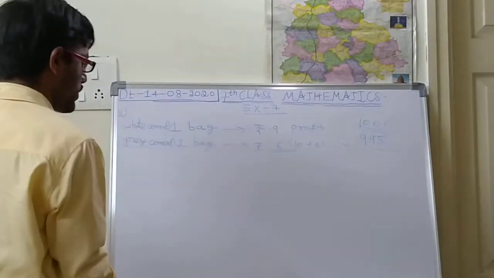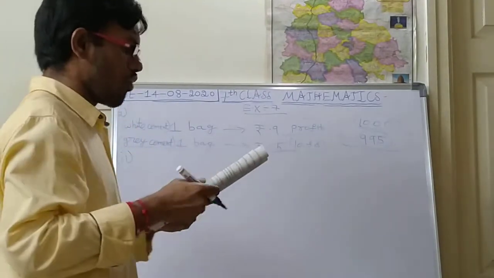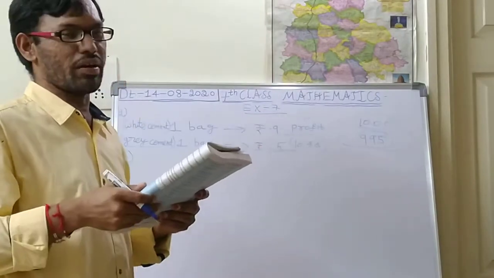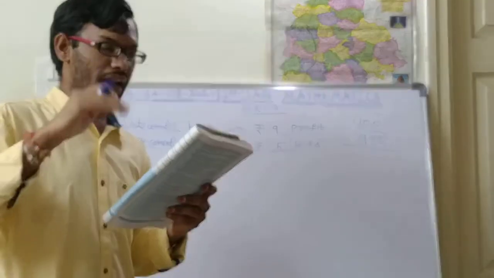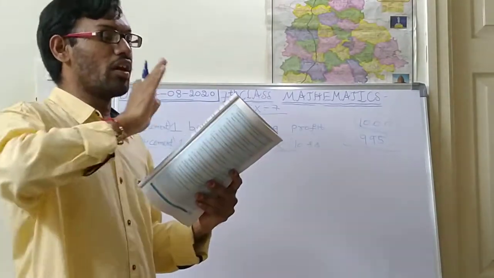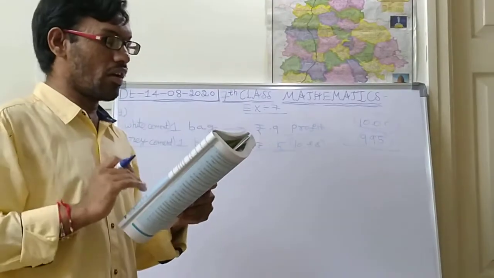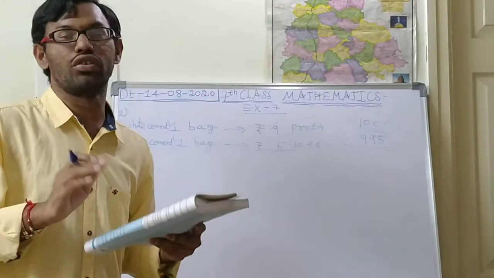So in this concept only, the second question is there. What is the number of white cement bags it must sell to have neither profit nor loss if the number of grey bags sold is 5,400?